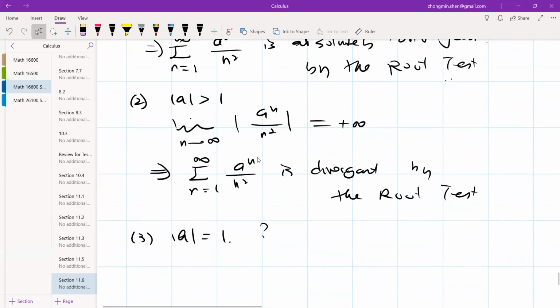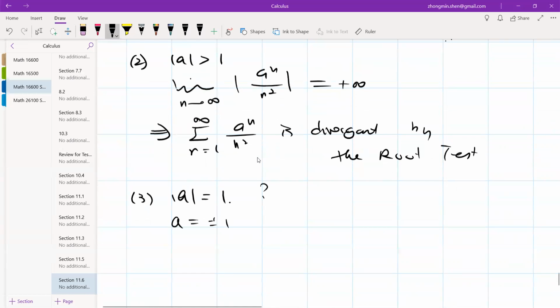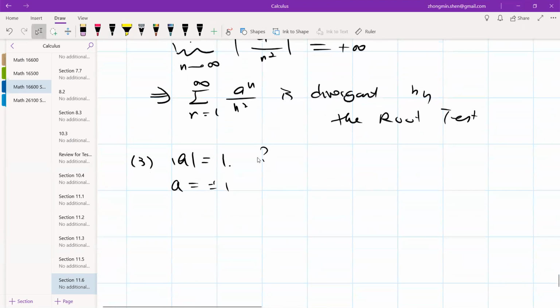What happens when the absolute value of a is 1? So a is going to be plus or minus 1, and the absolute value of a_n is going to be the absolute value of a to the n over n squared.